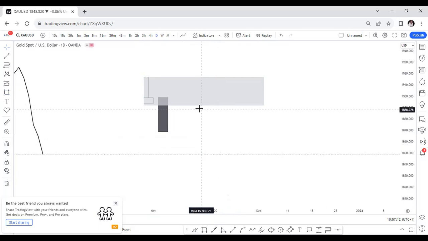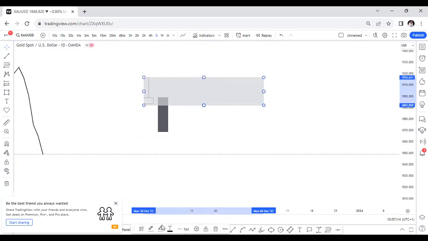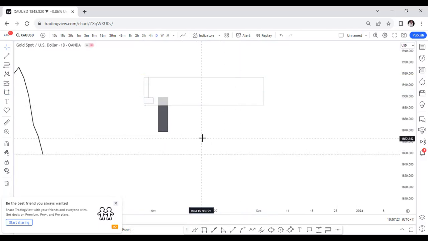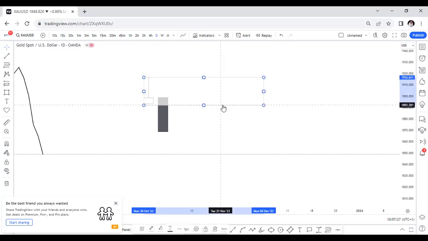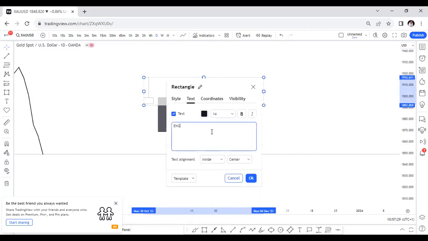So this becomes a zone. This is an engulfing zone. We name this an engulfing zone.